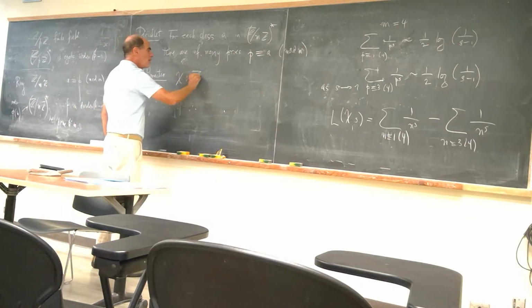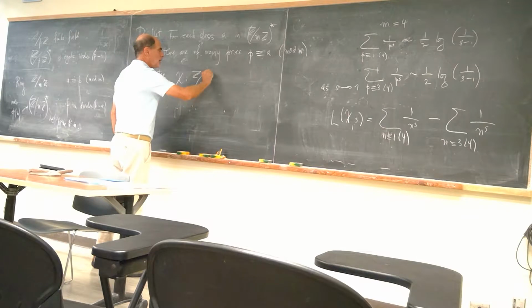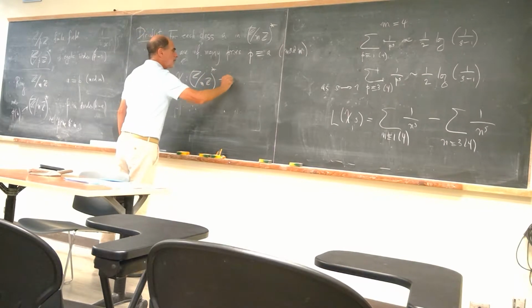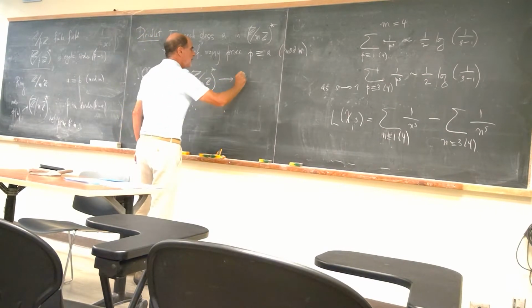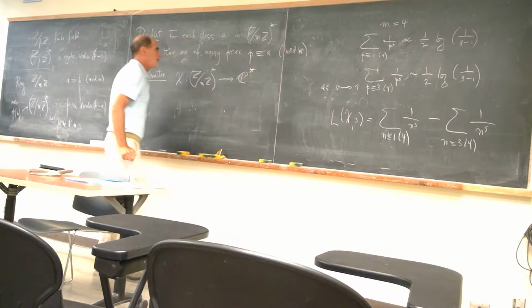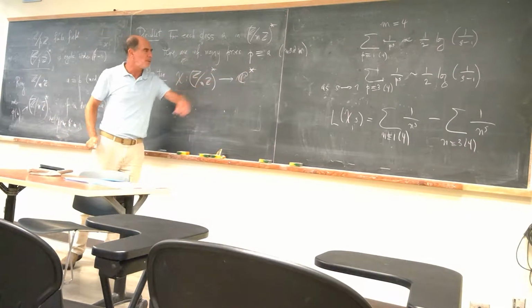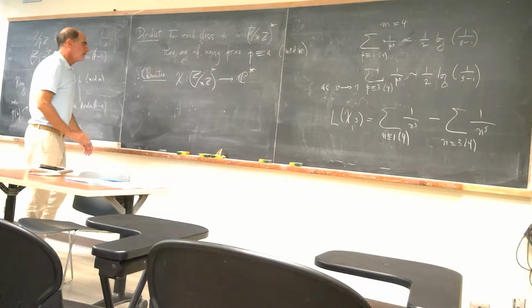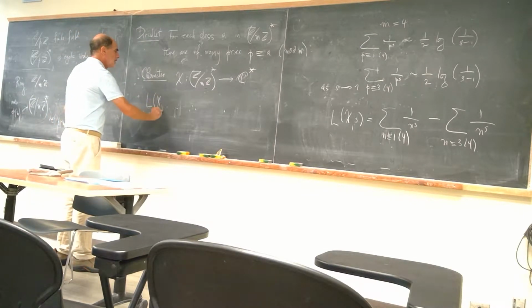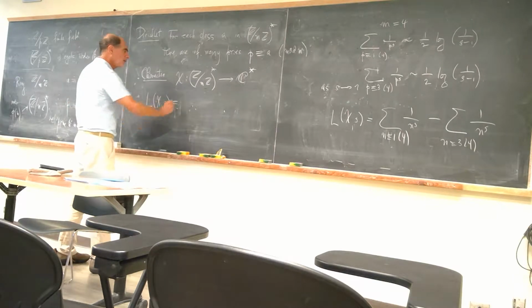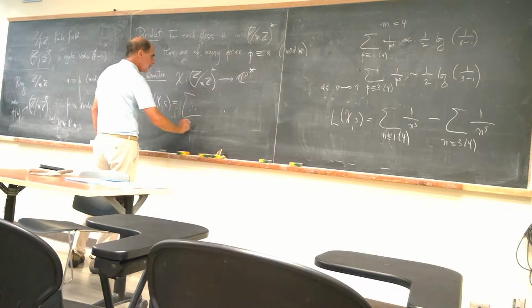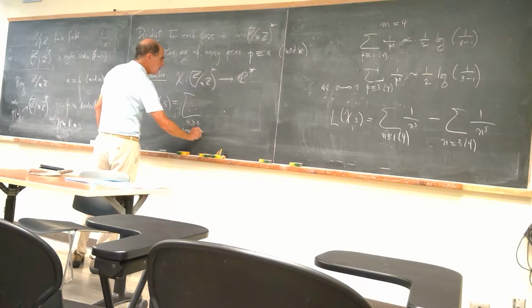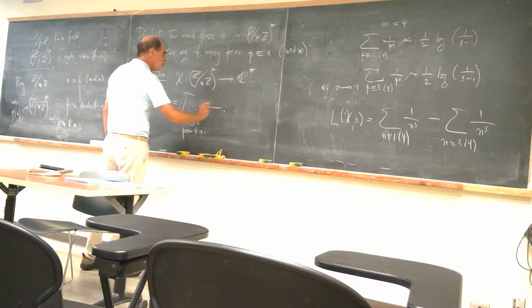So if you had a homomorphism from this group to plus or minus 1, to C star, sorry, a homomorphism from this group to the multiplicative group of complex numbers, then Dirichlet defined an L function analogous to Euler's, where you summed over the integers n greater than or equal to 1 that were prime to m. And instead of putting 1 over n to the s, you put chi of n over n to the s.